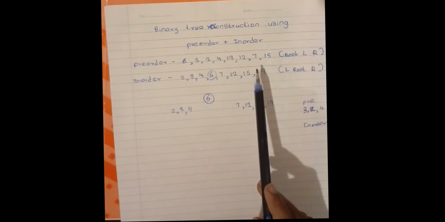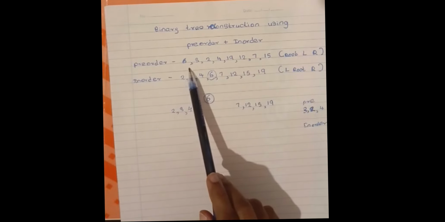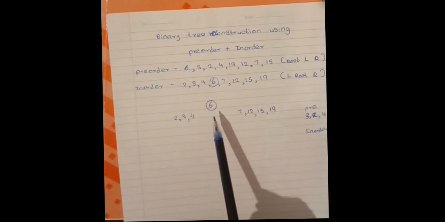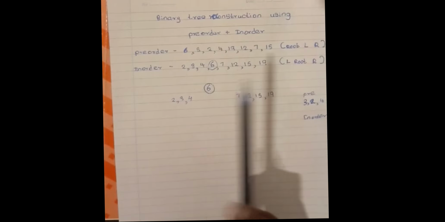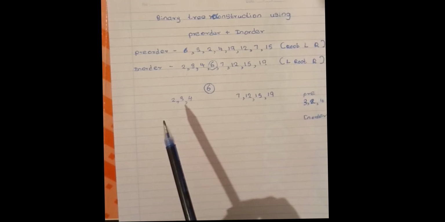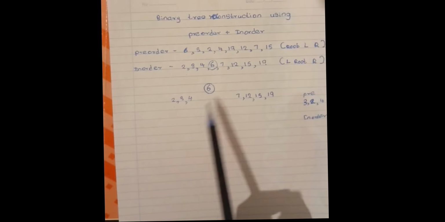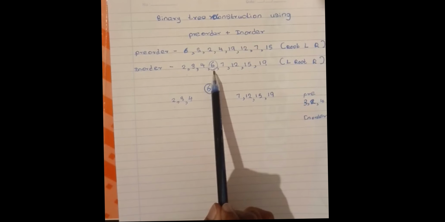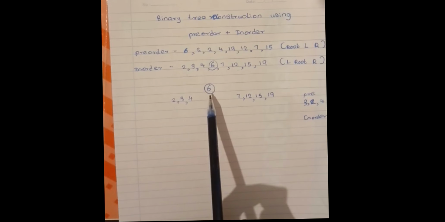From Preorder, the first element is always the root, so 6 is going to be the root. Now we find 6 in the Inorder sequence. In here, 6 is the root of Inorder.